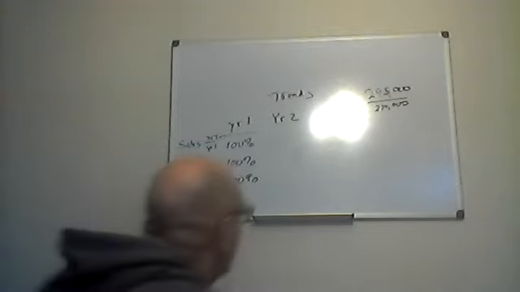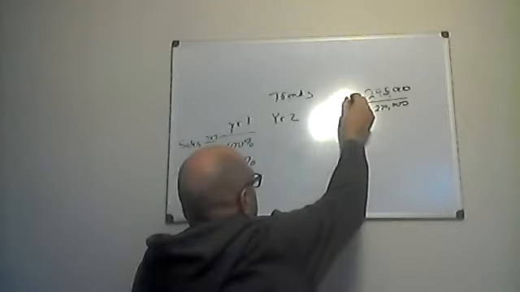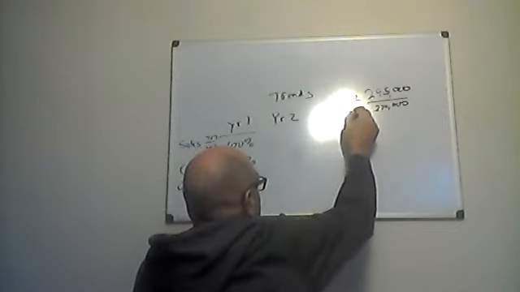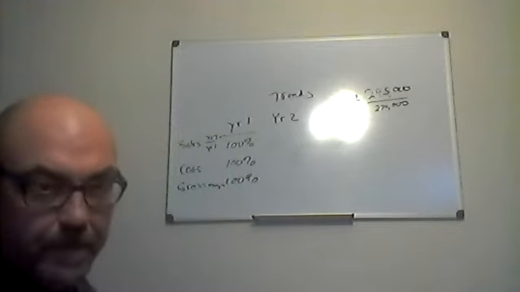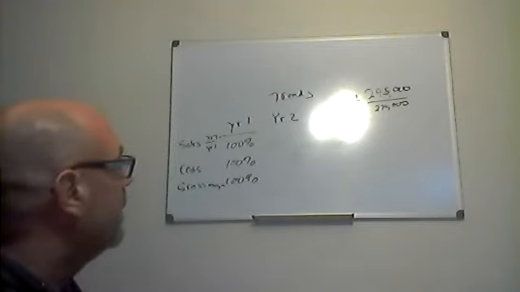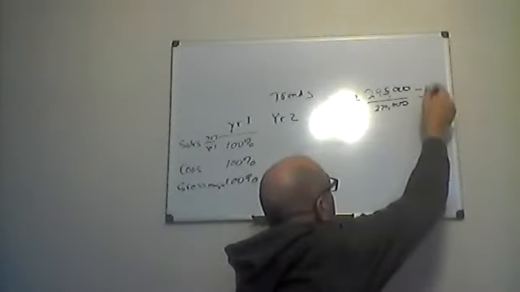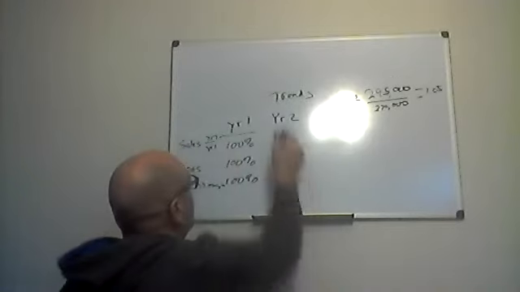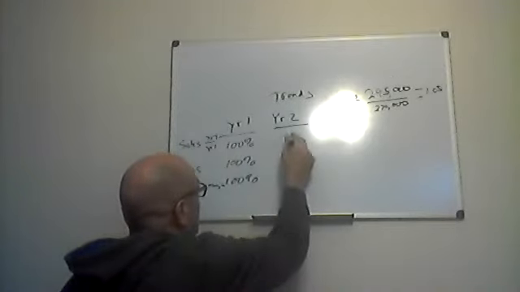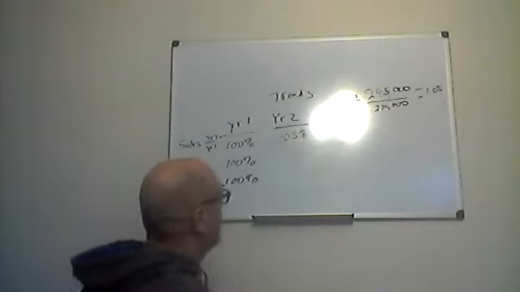So for year two, we were going to take year two divided by our base year, year one. We do that. 1.05, turn it into a percent. So for year two, our sales are 105%.